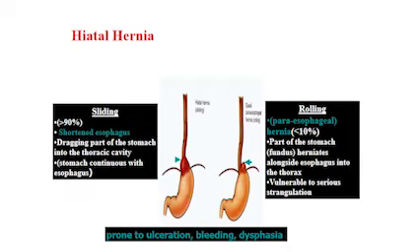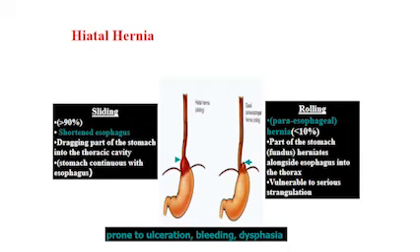So the frequent type is named the sliding type, more than 90% of the conditions, which is composed of a shortened esophagus for a reason or another, leading to dragging of part of the stomach into the thoracic cavity. So the stomach is continuous with the esophagus. This is the sliding hiatal hernia.